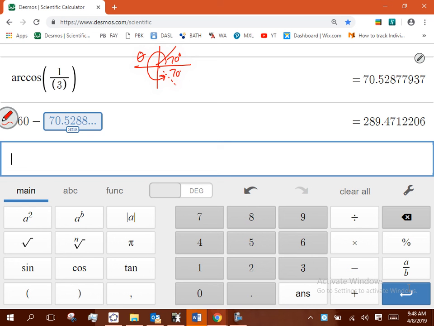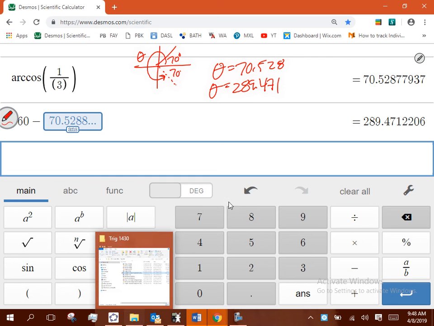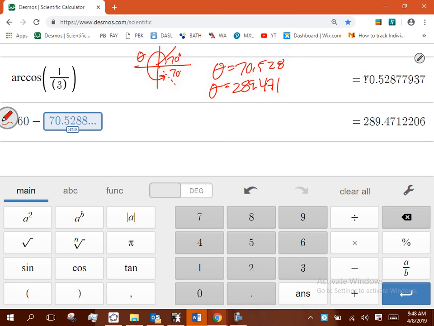So those are my two answers. In degrees, theta equals 70.528 and theta equals 289.471.